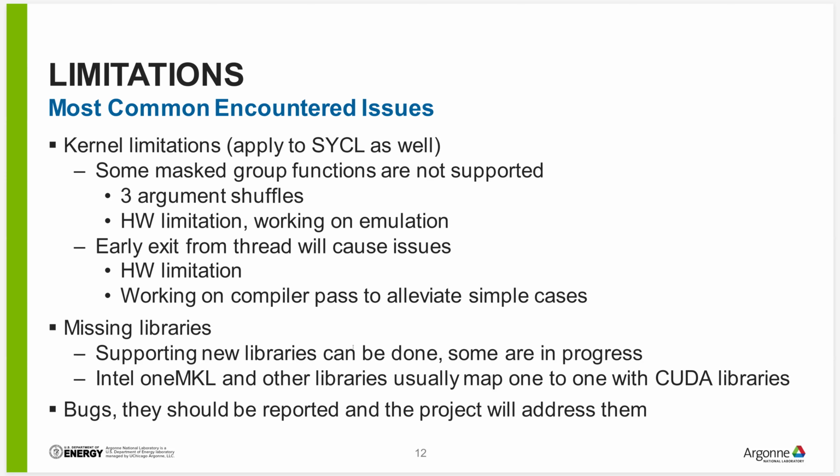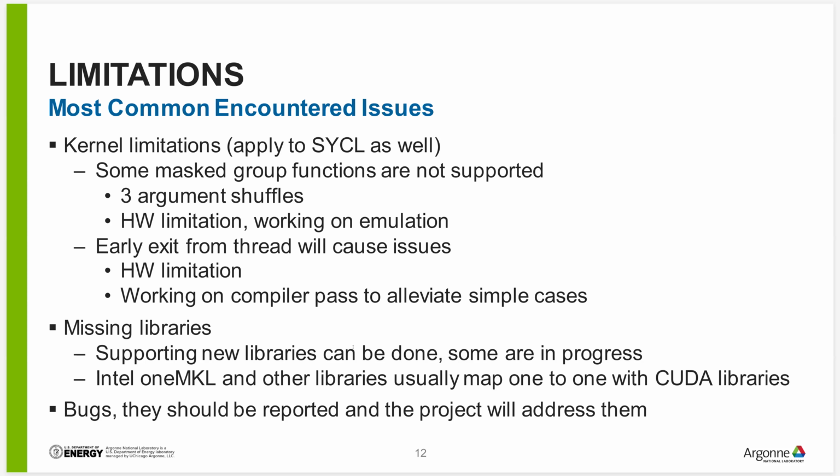So we have a few limitations on the kernel, and they apply to SYCL as well, meaning that if you choose to port your application through HIP or to go to SYCL, the same kind of modification to kernels will need to take place. So group functions, especially masked group functions where not all the threads are participating in the operations, are not supported because of hardware limitations.